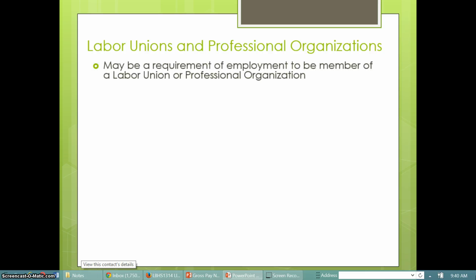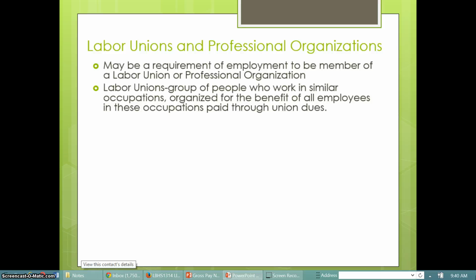Labor unions and professional organizations may be a requirement of your particular occupation. Labor unions are a group of people who work in similar occupations organized for the benefit of all employees in these occupations, paid through union dues. The purpose of the labor union is to protect the rights of those workers.